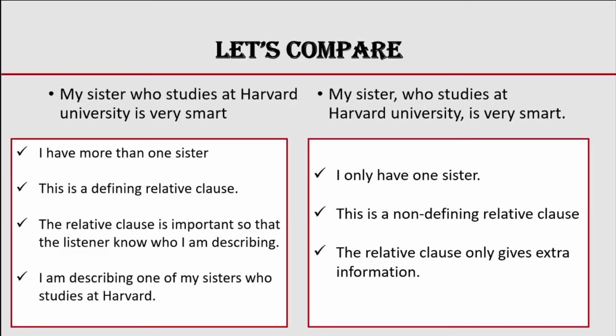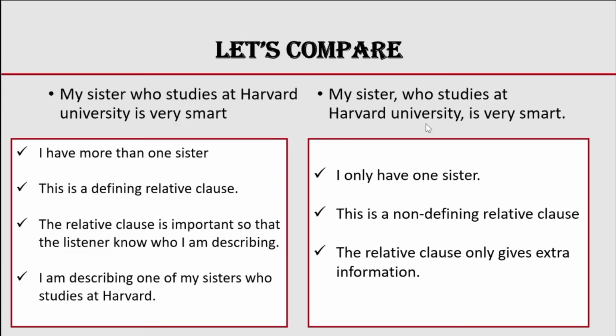I'm describing one of my sisters who studies at Harvard. Perhaps I have other sisters in different places. And now, in this sentence, I'm describing my sister who studies at Harvard University. So this is clear for the listener that I have more than one sister.